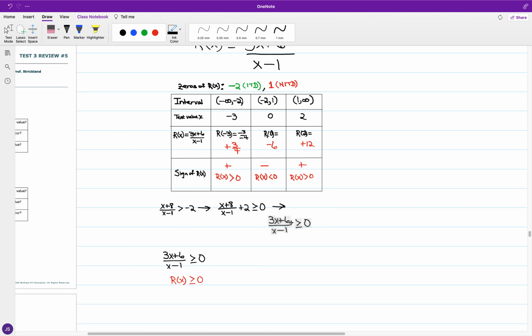Again, we have r of x, 3x plus 6 over x minus 1. Now we're looking at where r of x is greater than or equal to 0.